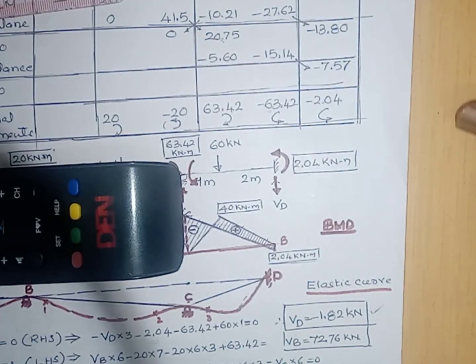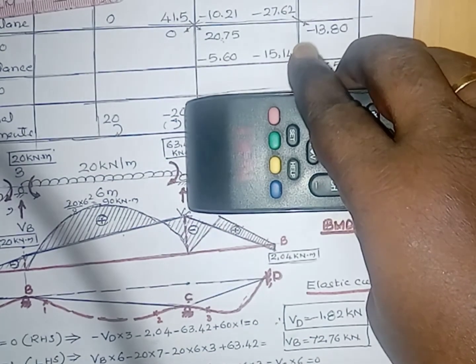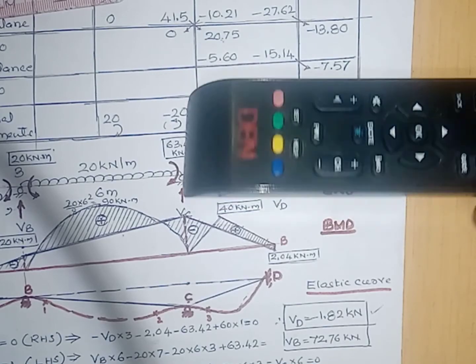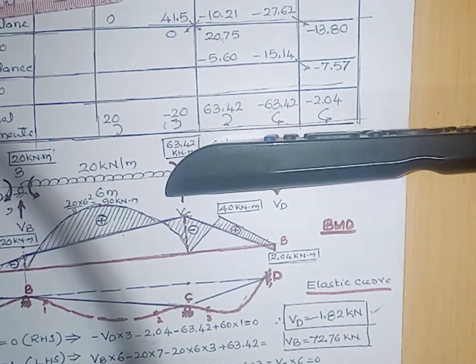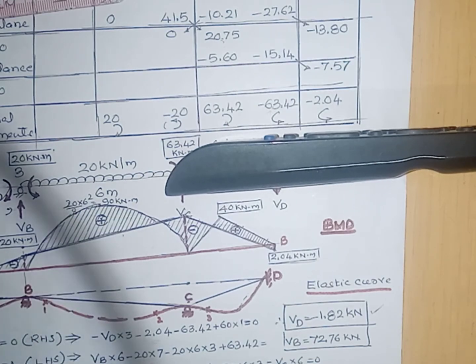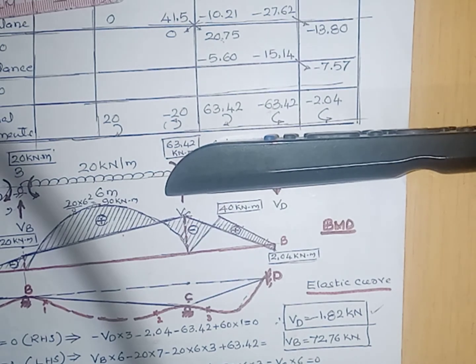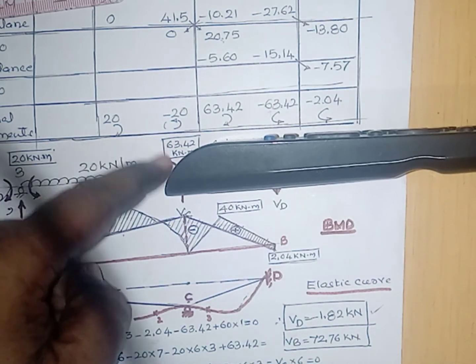Similarly, by taking the moments of all the forces about point C, we have to consider the LHS of this one. Here VB into 6 is clockwise, 20 into 7 is anti-clockwise, 20 into 6 into 3 is due to the UDL, plus 63.42 this moment, that is clockwise.